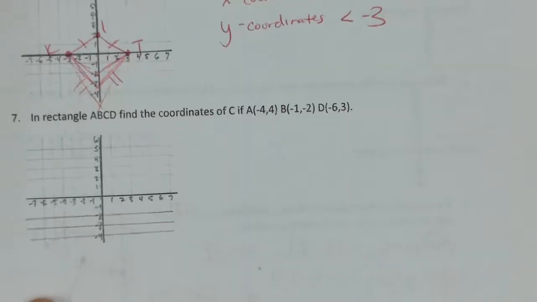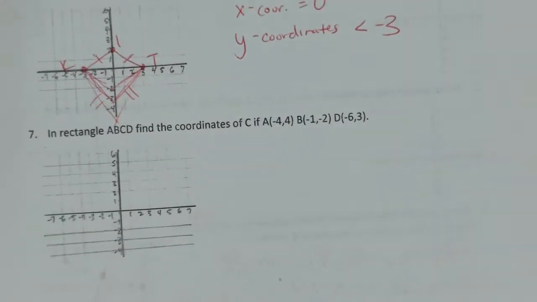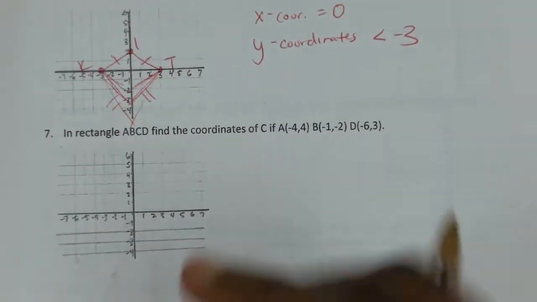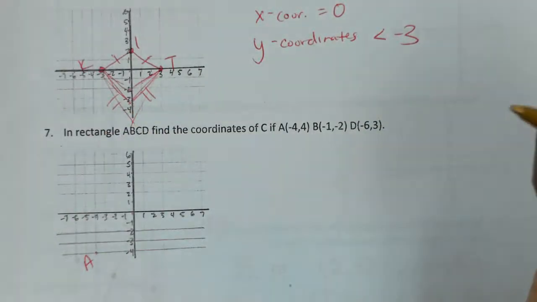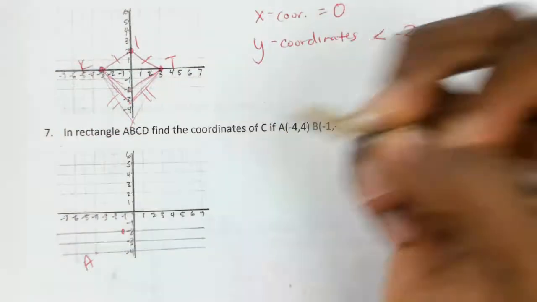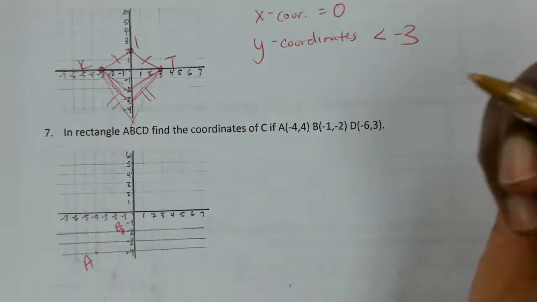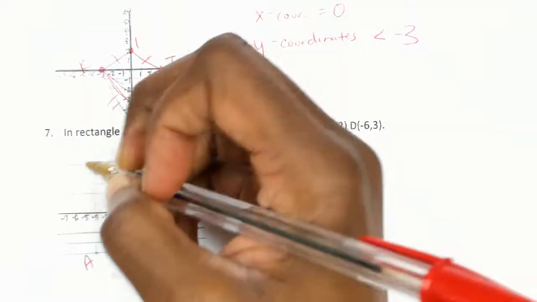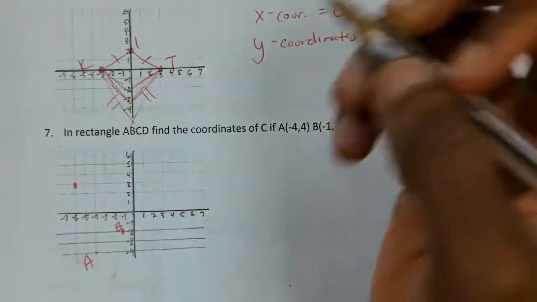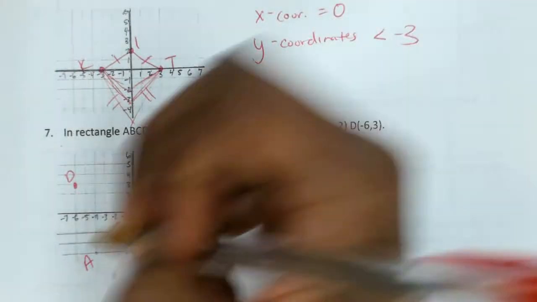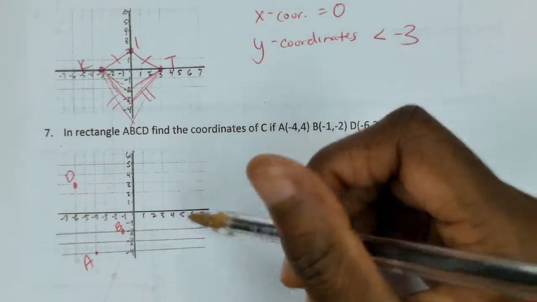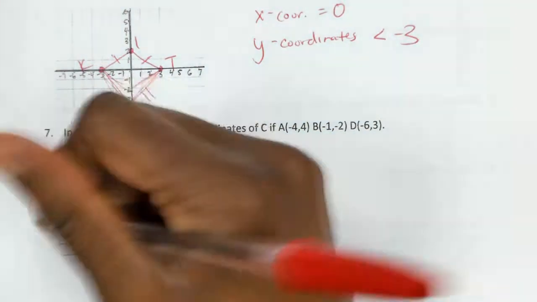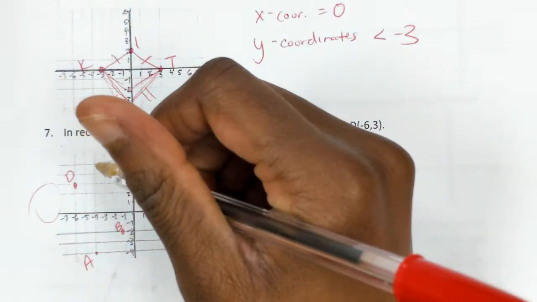Okay, and the rectangle on the bottom, this will be the last one. Okay, they're asking us to find C. So with rectangles, it's kind of hard to know which direction C is.